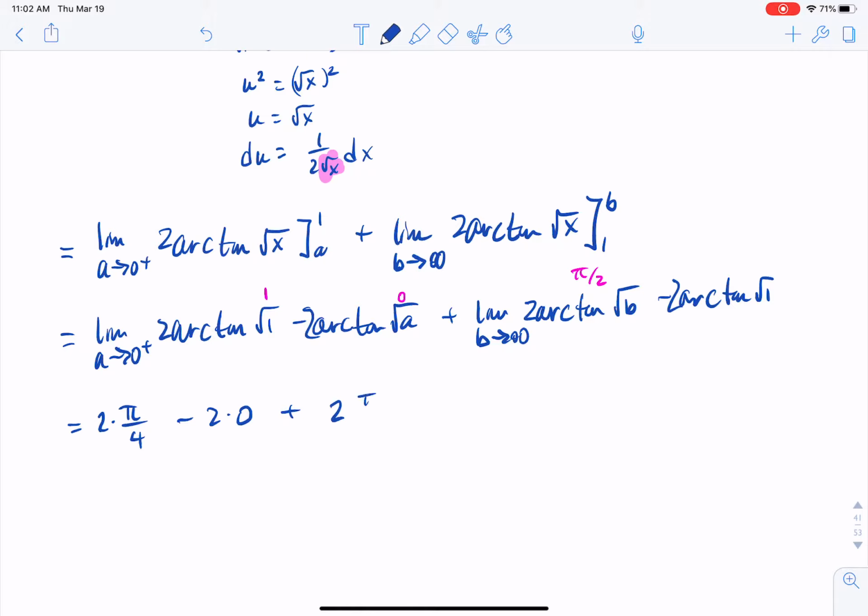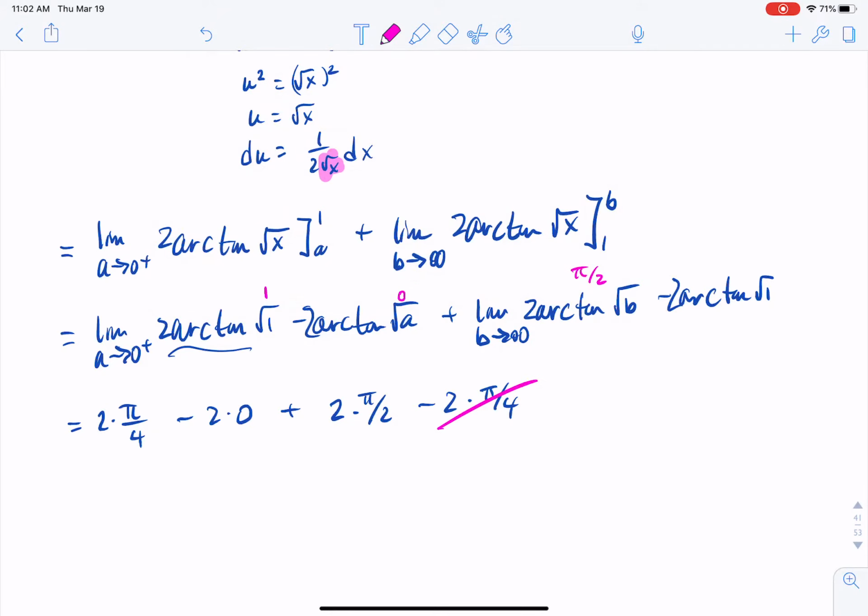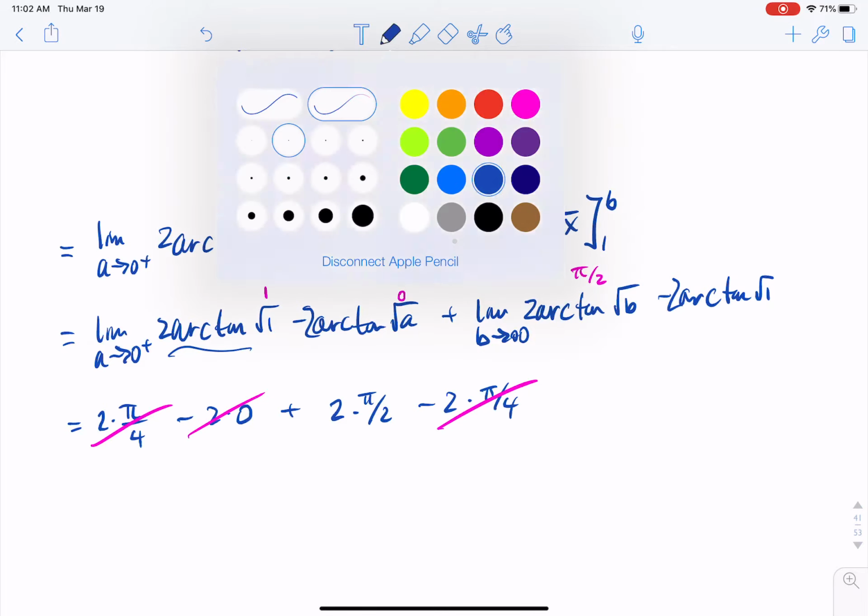So we have 2 times pi over 2. And then minus, and I think that we've already done this one again. It was the same thing that we have over here. So it's a 2 times pi over 4, which conveniently cancels. And then we have our final answer.